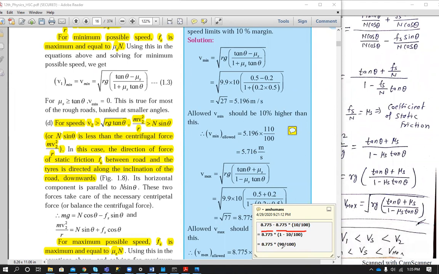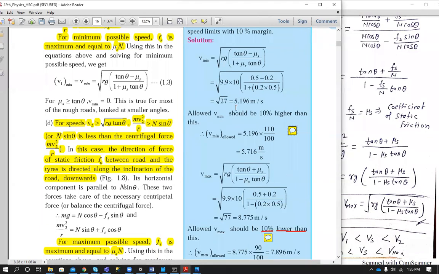So for a 20% margin, for the minimum you take 120 by 100, and for V maximum you take 80 by 100.